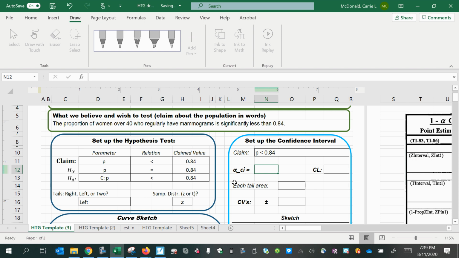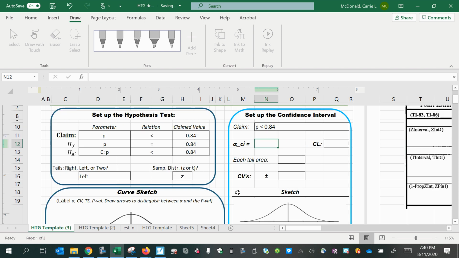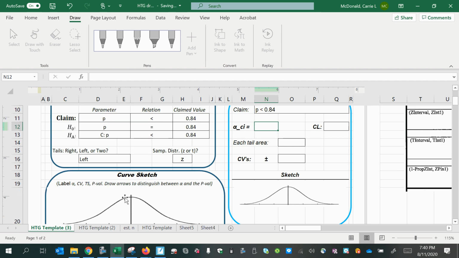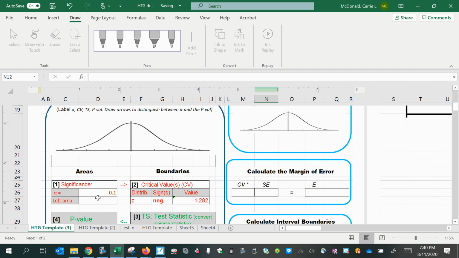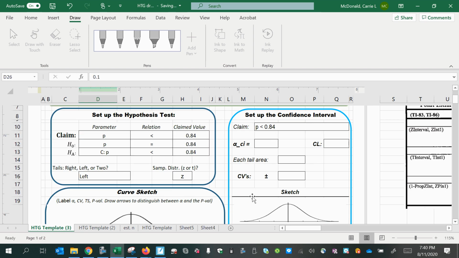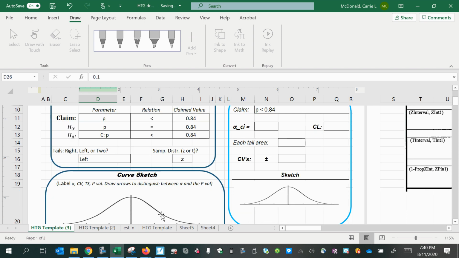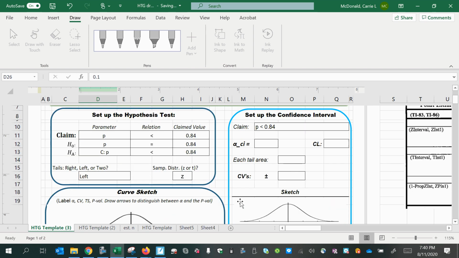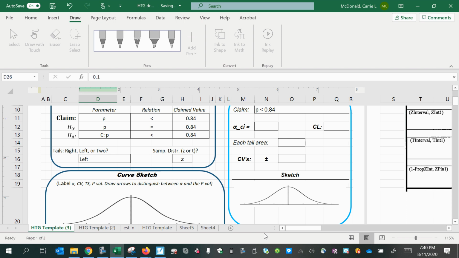So the alpha for our confidence interval will sometimes be the same as the alpha you had in your hypothesis test, and sometimes it won't be. Sometimes it'll be twice that amount. And if it's a one-tailed test like we just had here, then you'll have two tails for your confidence interval.